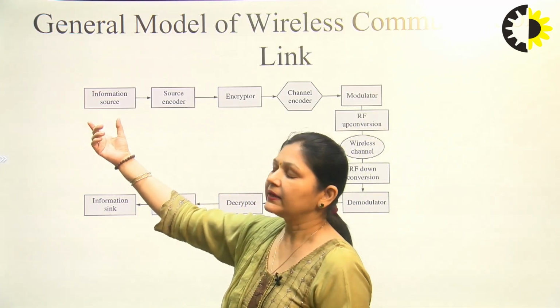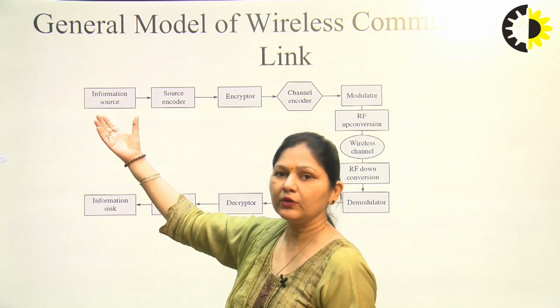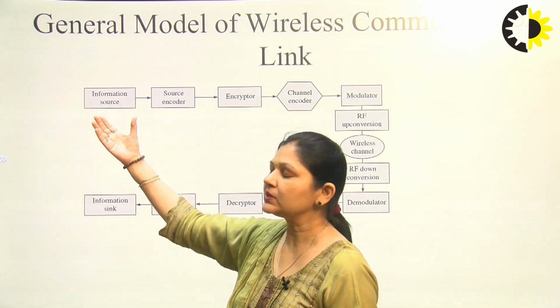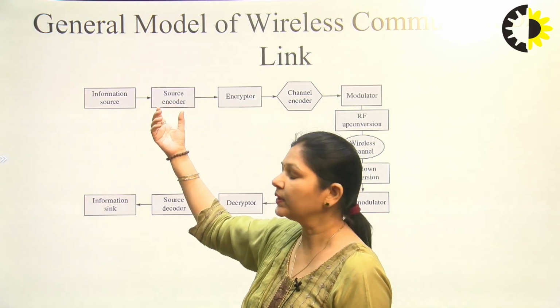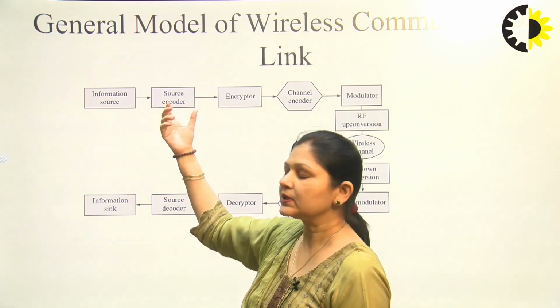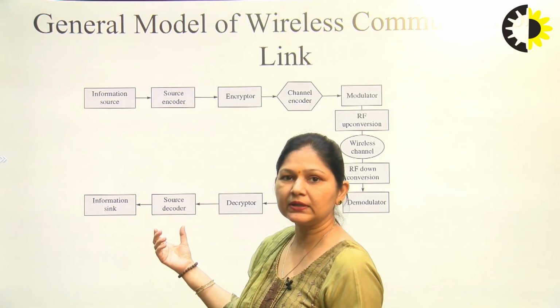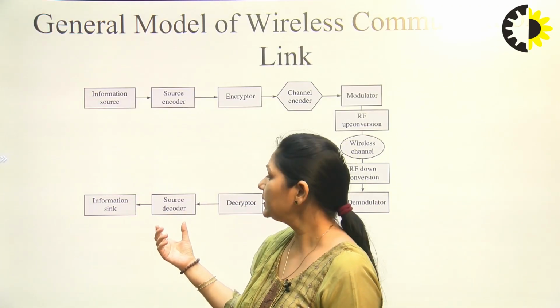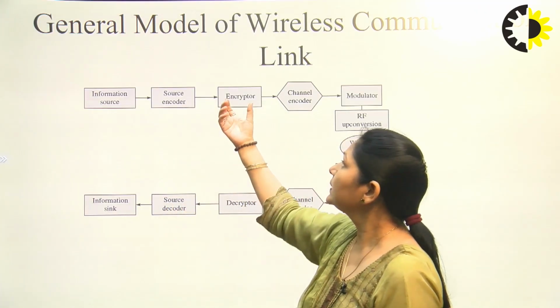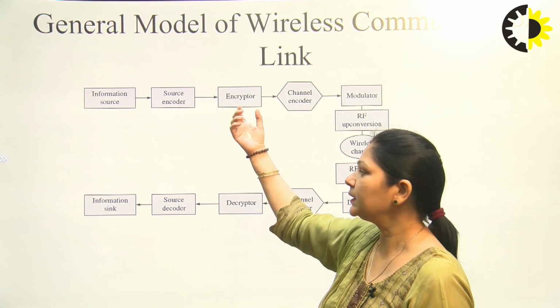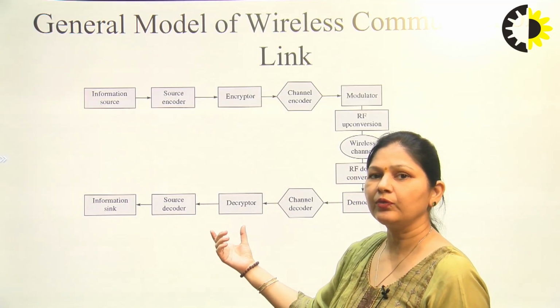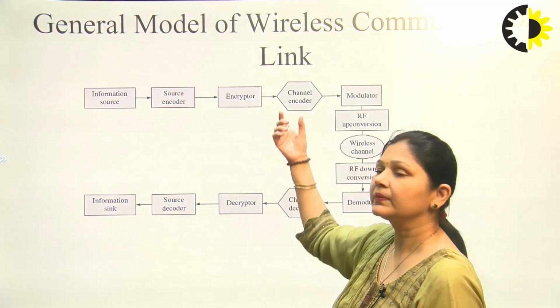At the transmitter end, we have one information source, that is the information that we have to transmit, and then there is a source encoder. For this source encoder, at the receiver there will be the reverse, a source decoder. Then for encryption purposes, we have an encryptor, and at the receiver end a decryptor.